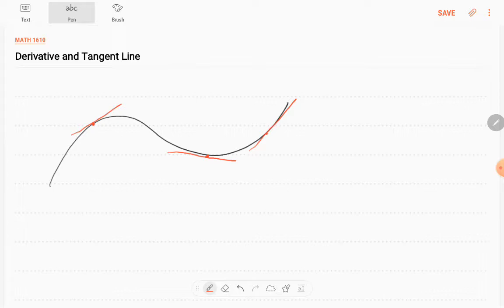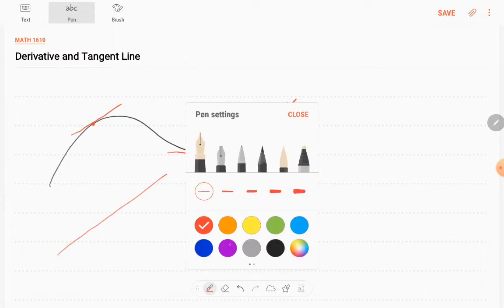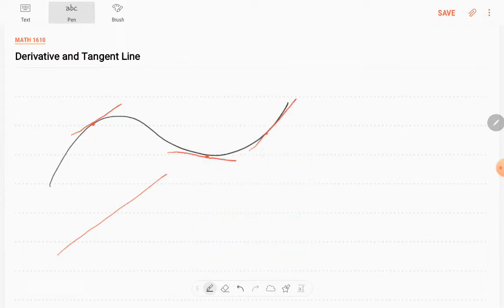Okay, so how to calculate the derivative? We know that if we have a straight line and there are 2 points on the line, this point and this point, this is x1, y1, and this is x2, y2, then we can use the old-fashioned formula for the slope, right?